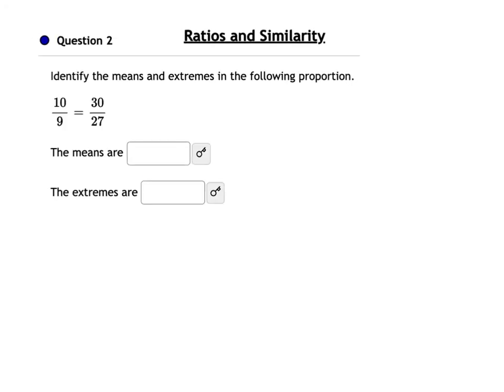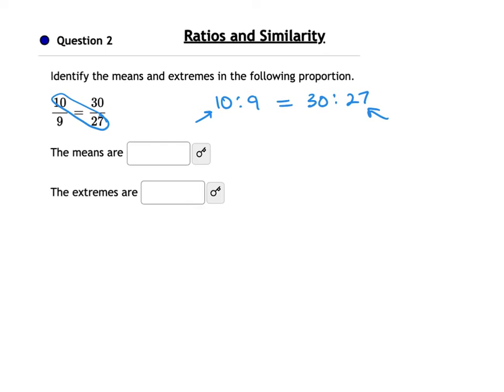Identify the means and extremes in the following proportion. To do that, we'll write this with colons. 10 is to 9 as 30 is to 27. The outside ones are the extremes. That's the 10 and the 27 are the extremes.